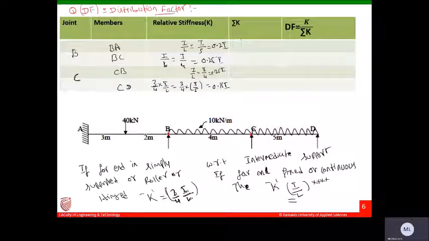Now the next column is given as summation of K. Summation of K means we need to add all the members at the intermediate joint.